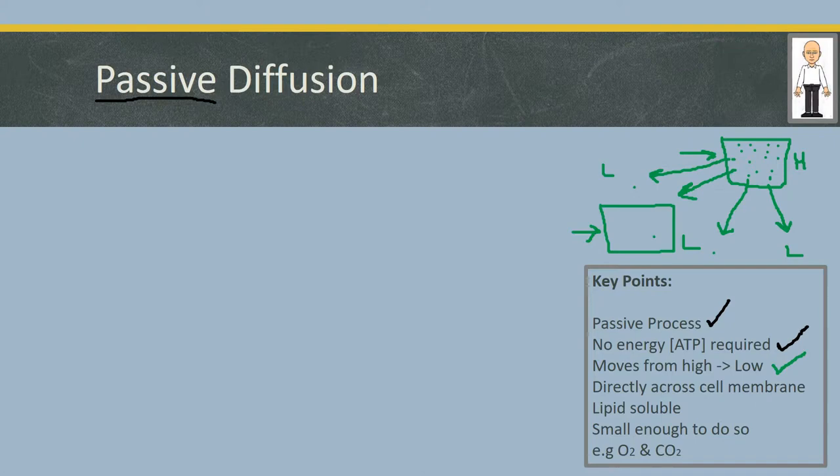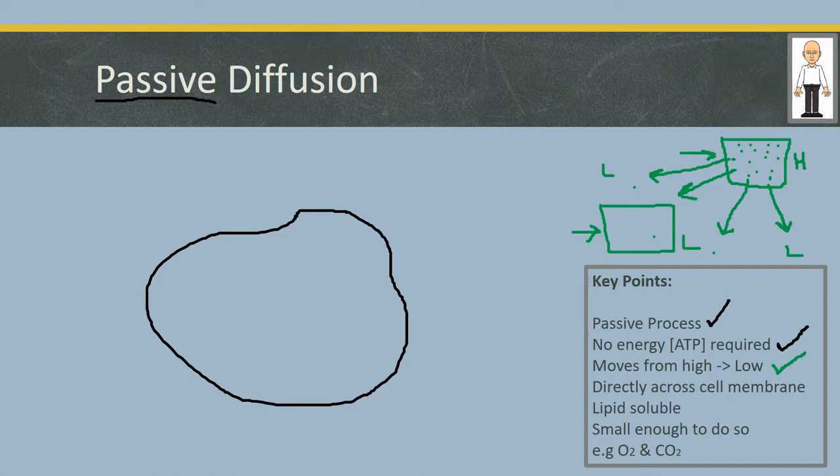Now, when we're talking about passive transport methods, we're talking really about a cell. So here is a cell, and obviously this is the inside of the cell, and this is the outside of the cell. Now, when we breathe in, for example, what we're taking in is a lot of oxygen.